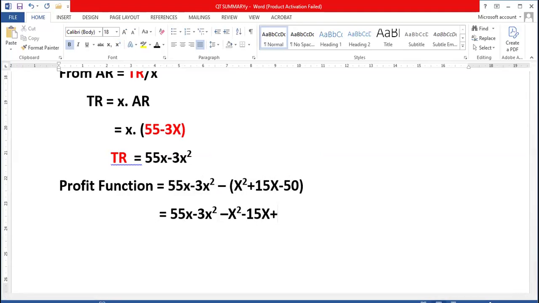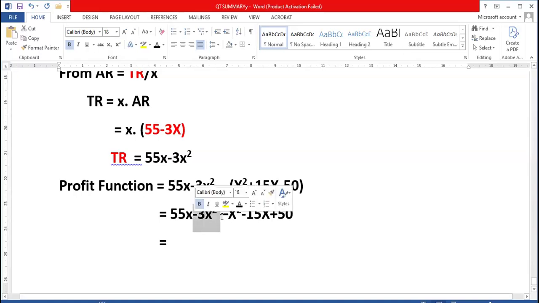Plus 50. So when you collect like terms, start with the higher powers. You have x squared, so it is -3 minus 1, what do you get? That will be -4x squared, because a negative plus a negative, the negatives will increase.